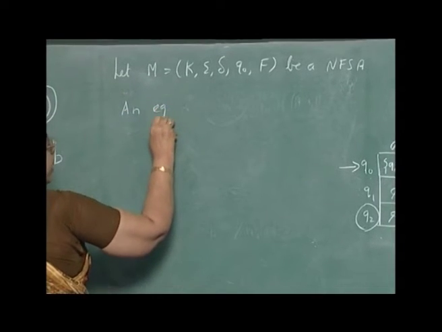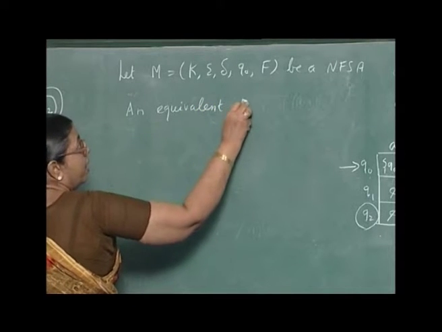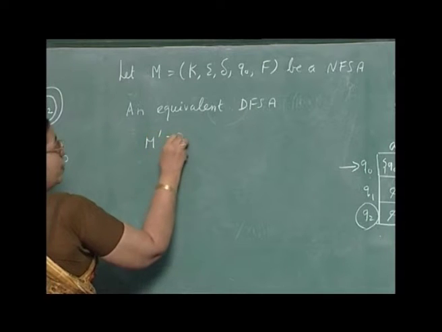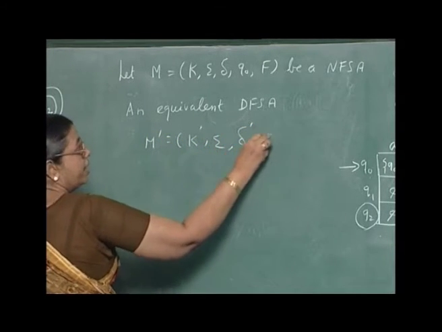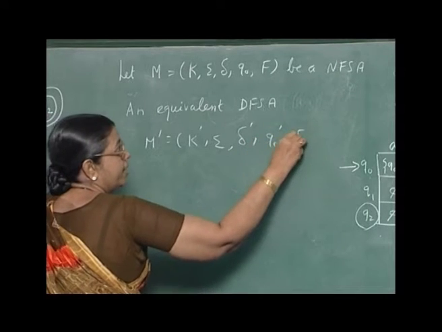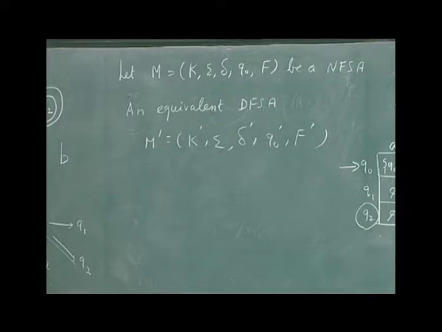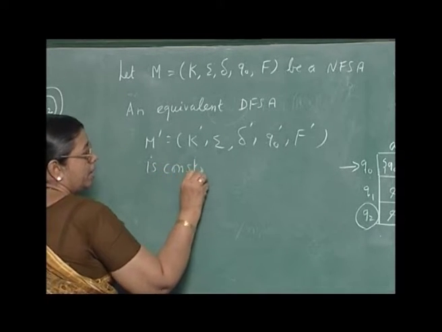An equivalent DFSA M dash is equal to K dash, sigma, delta dash, Q naught dash, F dash is constructed as follows. Sigma is the same because you are considering the same alphabet.